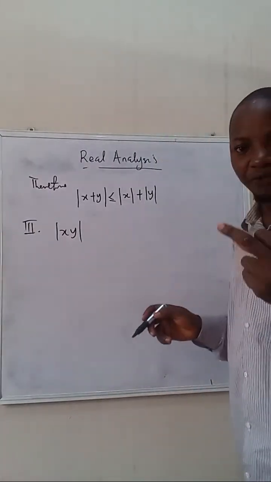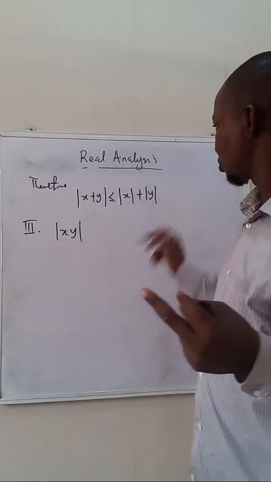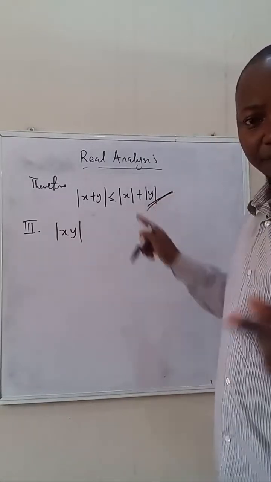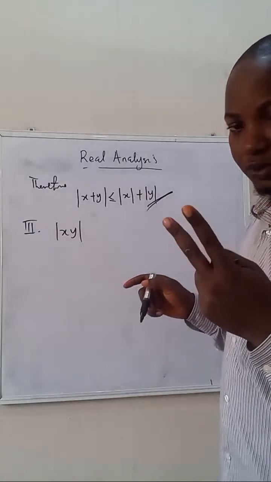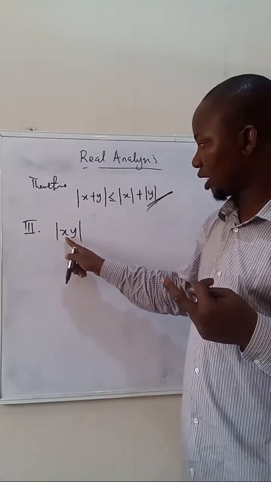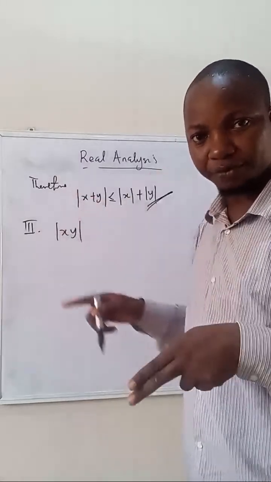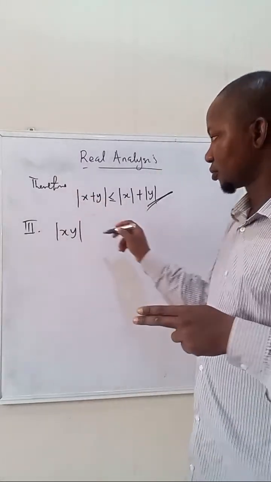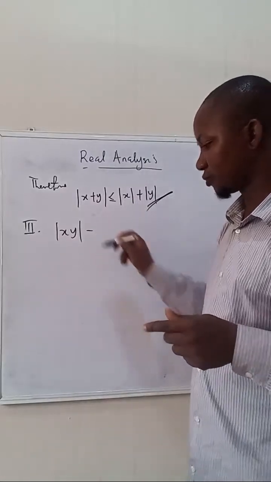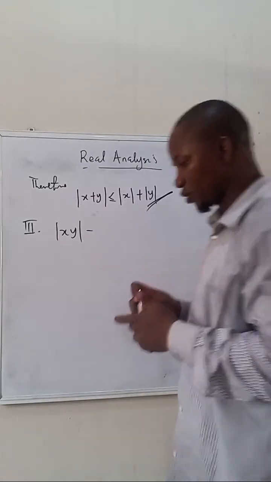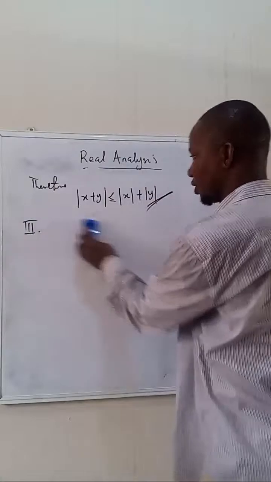If you have two variables and we are taking the product of the two variables under the absolute value, by definition of absolute value, let us start this way.